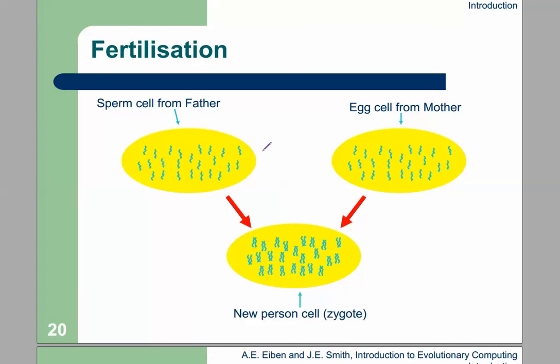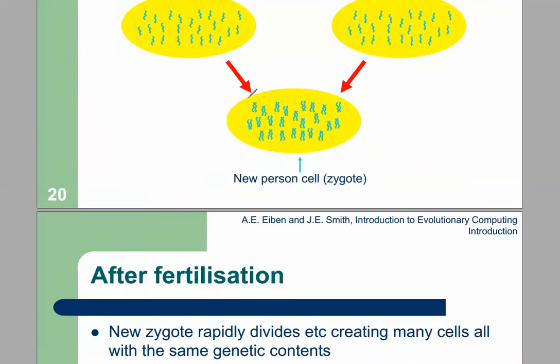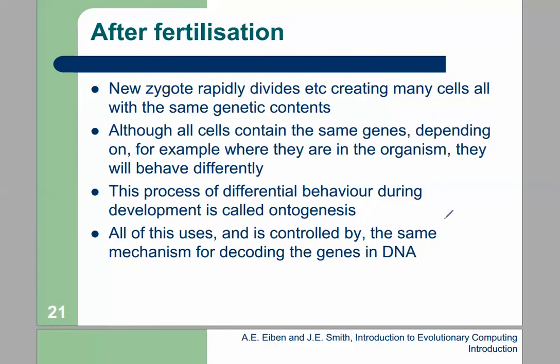Fertilization is the production of children from father and mother, or from an animal. As we say, children are a combination of properties of parents, or father and mother.